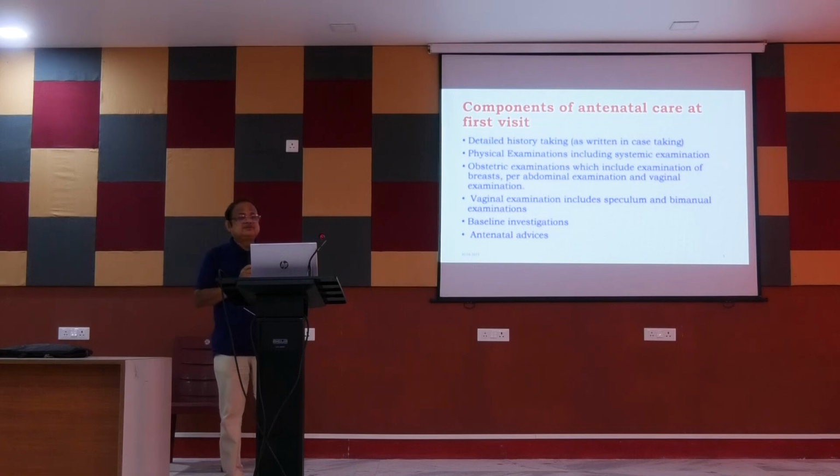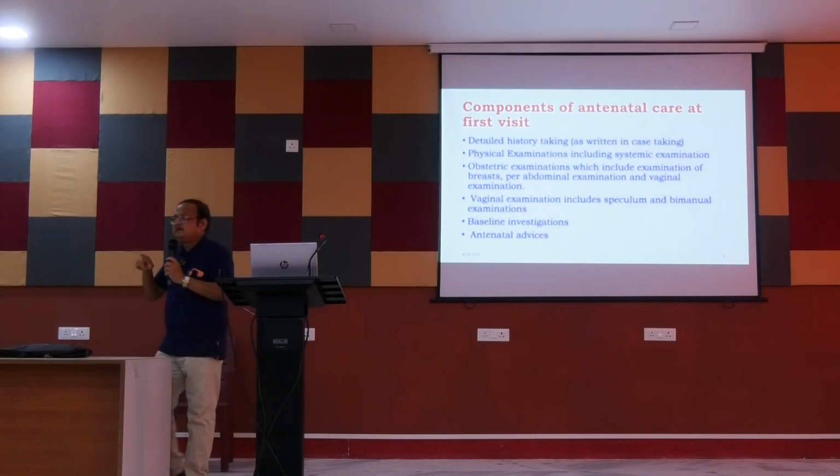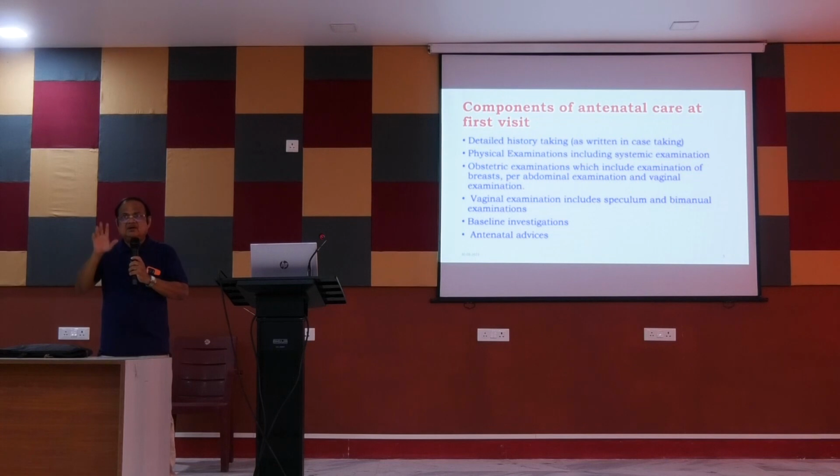Now, what are the components of antenatal care at the first visit? All of you know, when the patient comes to the first antenatal clinic, detailed history taking, as written in case taking. I think except one batch, all 5 batches know how to take the history.